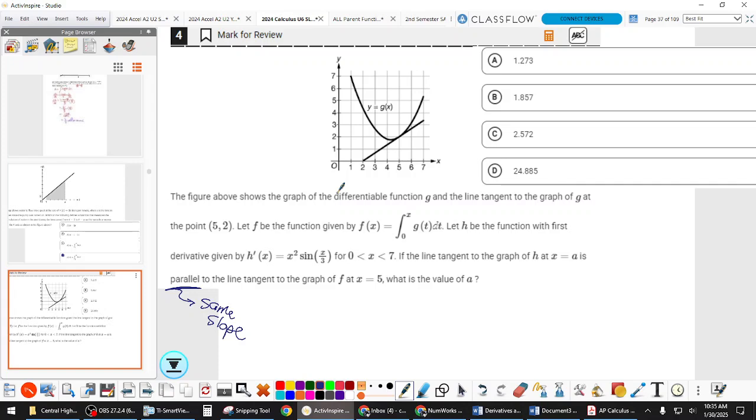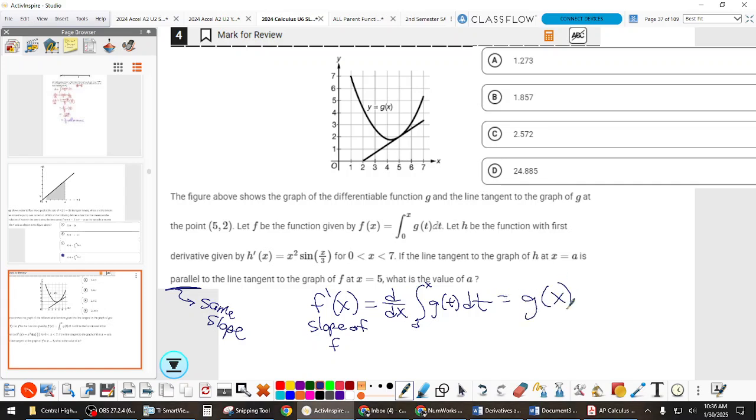Oh, I see, that makes sense. Okay, so f prime of x is the slope of f, and that is d dx of this guy. Well, remember those cancel, so it ends up just being g of x.